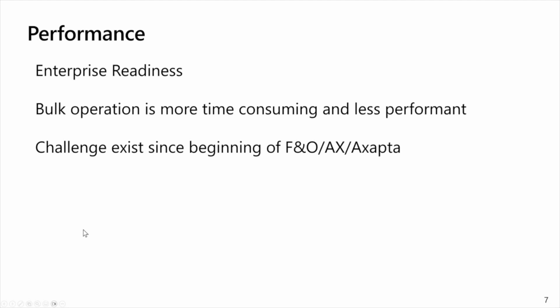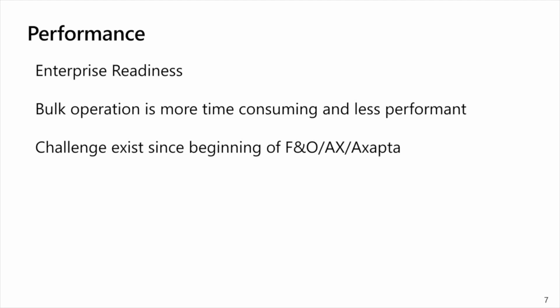Another big problem we see is performance. We do have large enterprises who are relying on D365 apps for their business, and they expect the system to perform optimally. For that optimal performance, continuous number sequence does not work that way. There are issues.